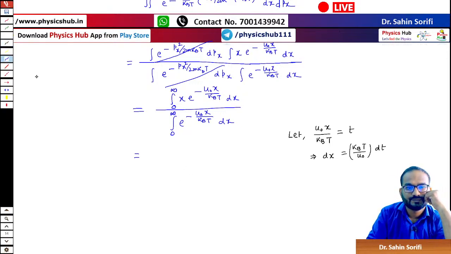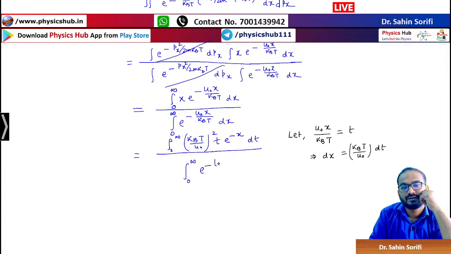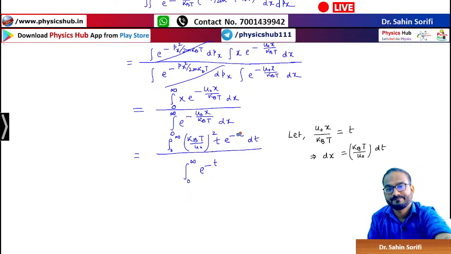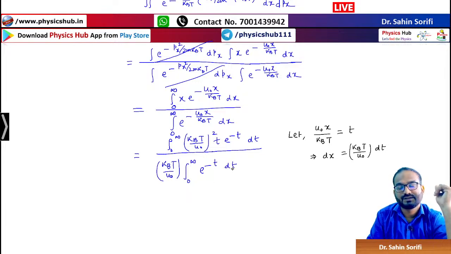So you are left with, from 0 to infinity, x is equal to kT by U naught into t, e to the power minus t, and dx is kT by U naught dt. So kT by U naught once again, so squared, divided by the integral from 0 to infinity of e to the power minus t, dx is kT by U naught dt.